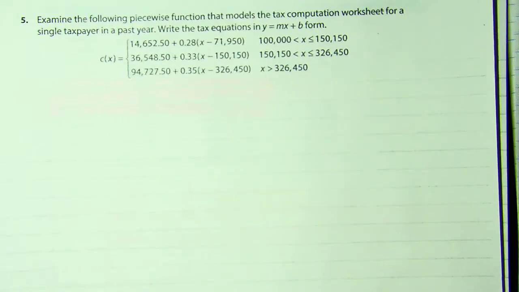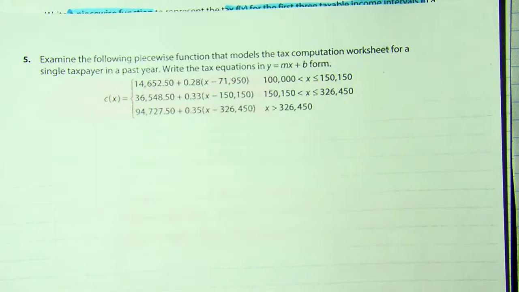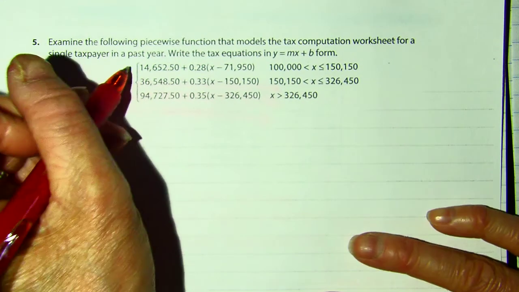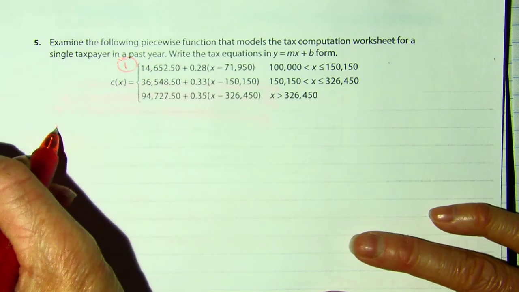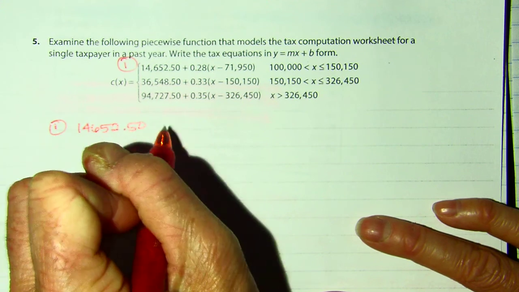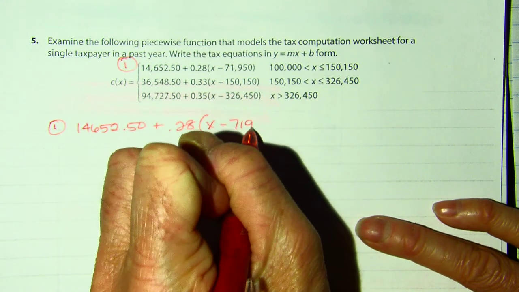Examine the following functions by writing these in slope-intercept form. And so I'm going to do each one. For example, we're just going to be simply distributing. So number 1, I have 14,652.50 plus 0.28 times x minus 71,950.